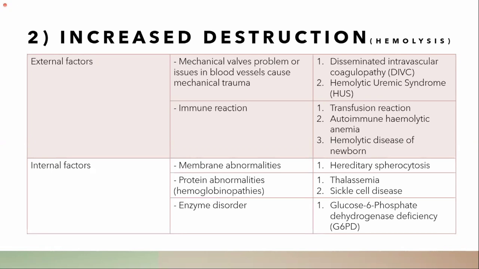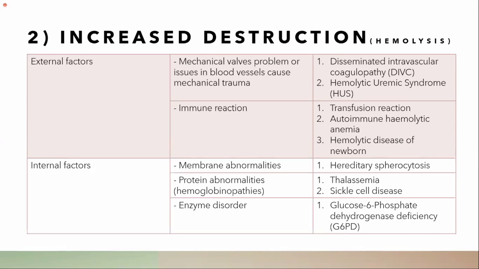For internal factors, we go much deeper into the internal structures of the RBC itself. If there are abnormalities of the membrane, such as hereditary spherocytosis, it causes destruction of RBCs. Also hemoglobinopathies, such as thalassemia and sickle cell disease.